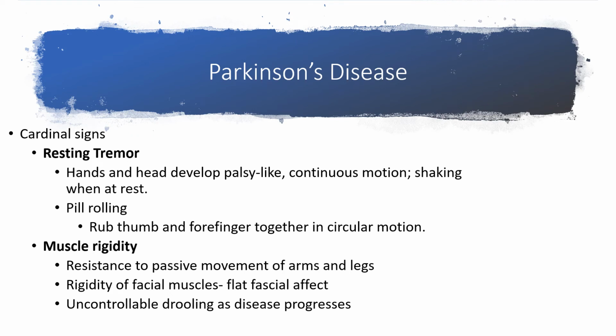They don't really smile. They don't really frown. It's just very flat. Okay, and it's not because of their mood, it's just lack of facial motor activity. Okay, and as it progresses, they can develop drooling because of lack of facial motor activity as well.